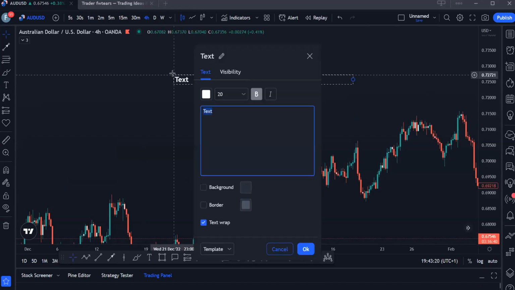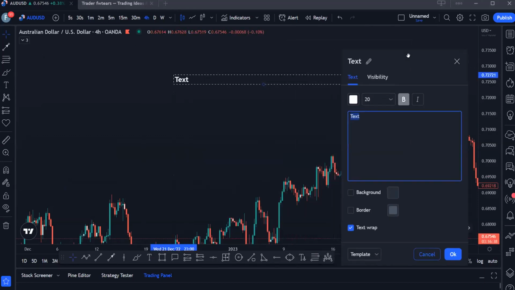We have scalpers, intraday traders, and then swing traders. So scalpers are traders that like to get in and out of the market very, very quick.